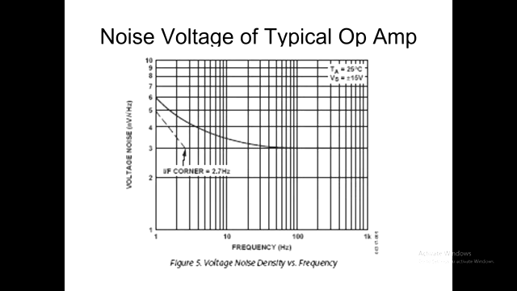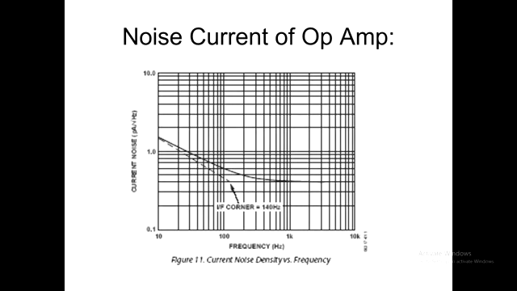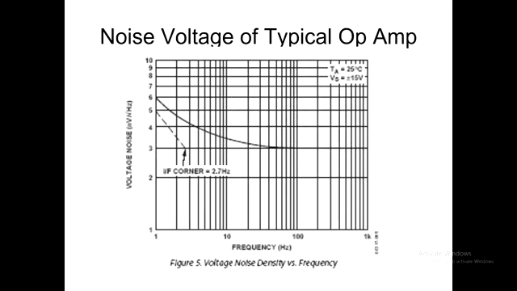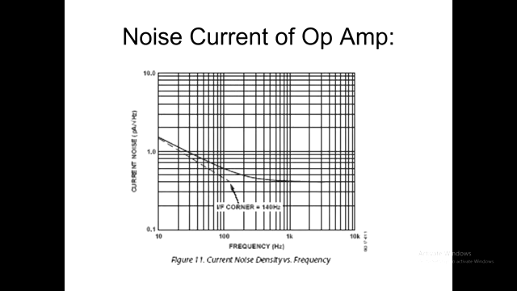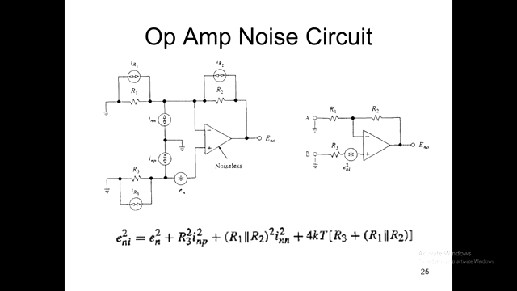Surprise, surprise. Likewise with current. And as chance would have it, those corner frequencies are never the same. This is 2.7 hertz here for noise voltage and 140 hertz for noise current for this particular op-amp. So it's not too convenient.